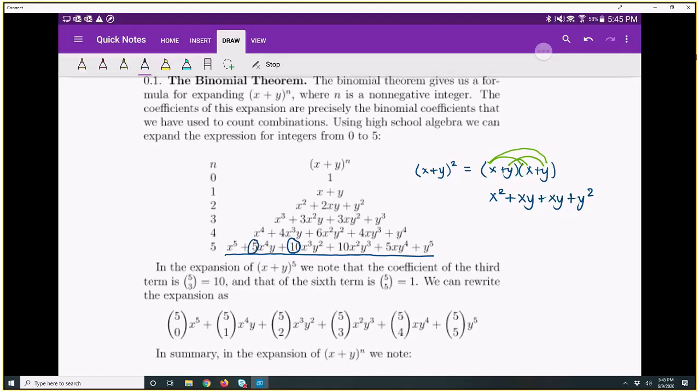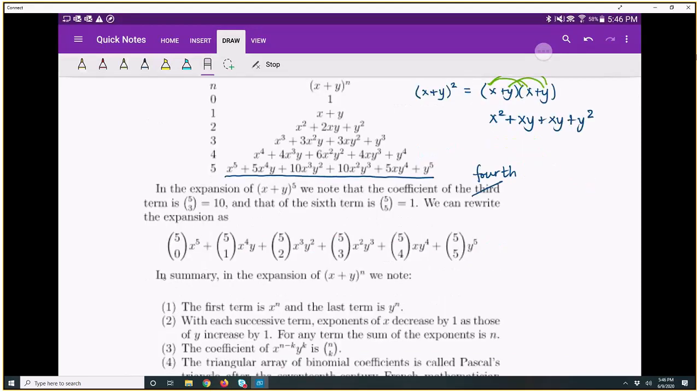Rather, I'm sorry, the coefficient of this should say the fourth term. So this coefficient is 5 choose 3. And the coefficient of the sixth and final term is 5 choose 5, which is 1.